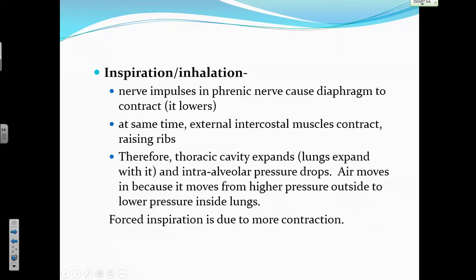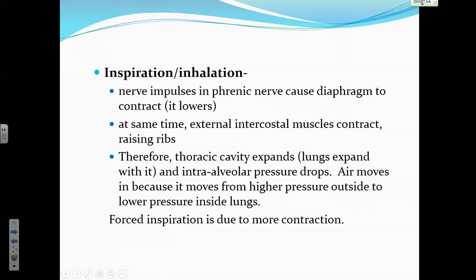Okay? And when you do that, you are basically contracting two sets of muscles. All right, the phrenic nerve, which comes off your cervical plexus, sends an impulse to your diaphragm. Your diaphragm, when it's relaxed, is somewhat dome-shaped. Remember, the diaphragm is the muscle that separates the thoracic from the abdominal cavities. In its relaxed shape, it's dome shape.